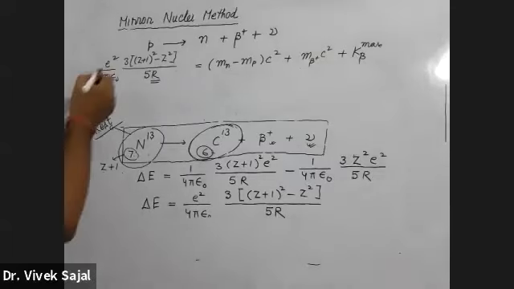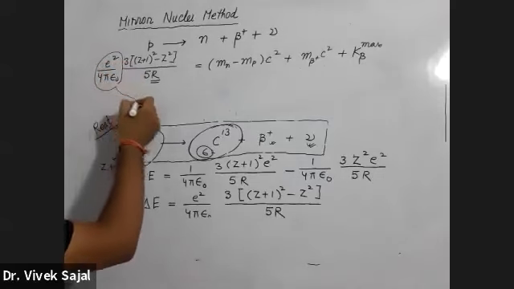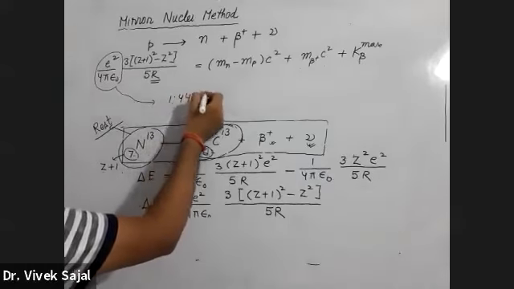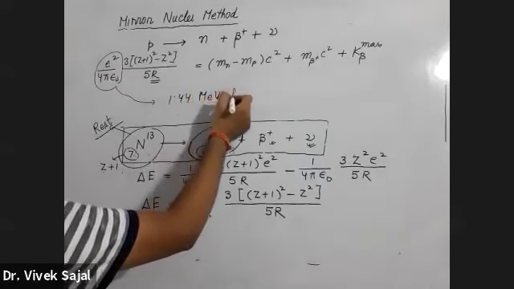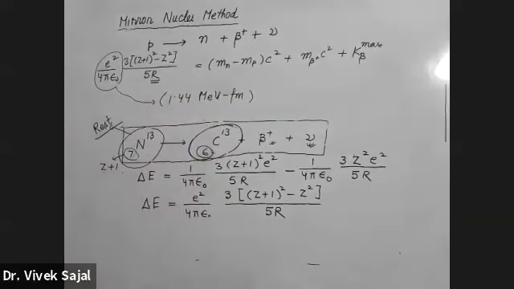What is the value of this? E squared upon 4 pi epsilon naught is 1.44 MeV Fermi. You have to remember this. Substitute 1.44 MeV Fermi, only in this unit.